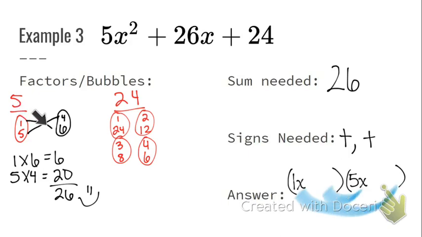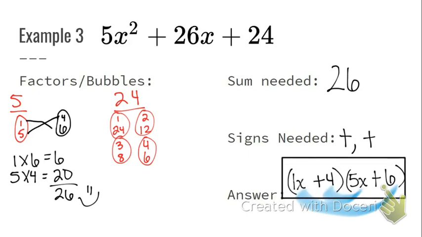So the 1 got connected to the 6, 1x all the way back here, plus 6. The 5 was connected to the 4, so 5x connects inside here to a plus 4. And that would be our final answer.